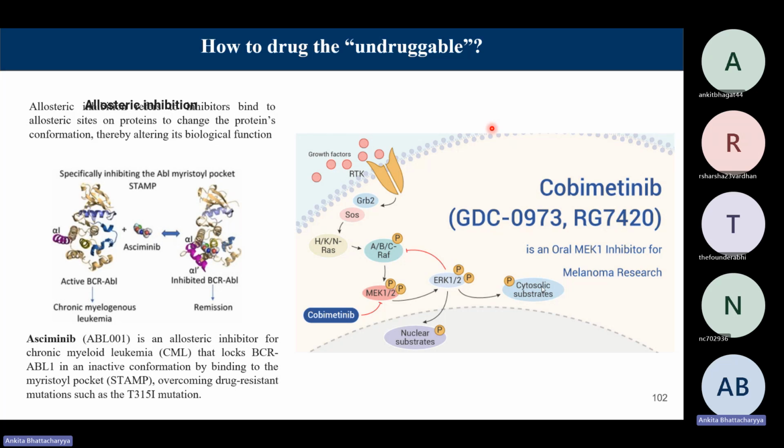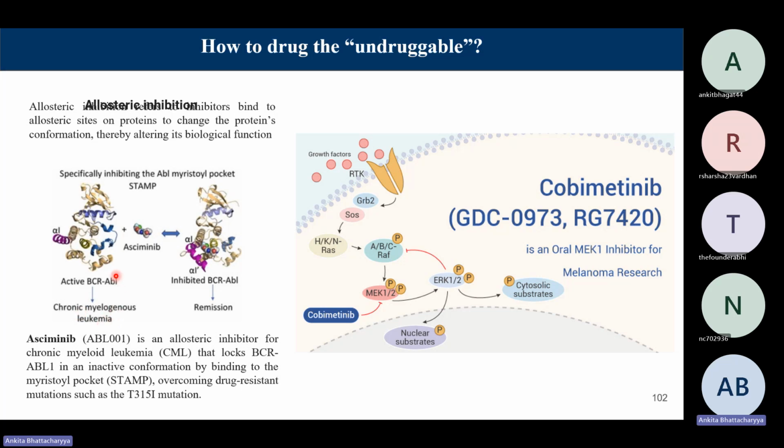So what exactly happens there? What you see on the left is the active BCR-ABL protein, which is a huge contributor to the development and progressive harm leading to chronic myelogenous leukemia.